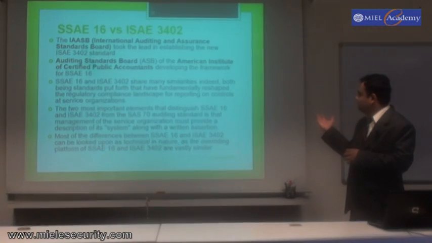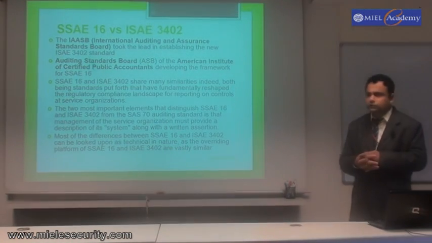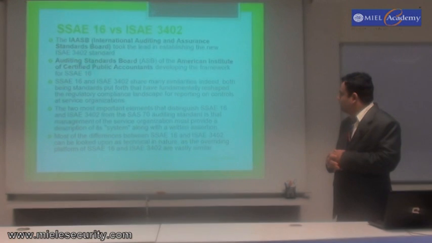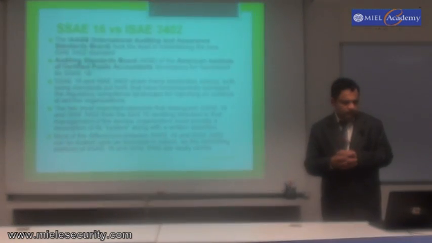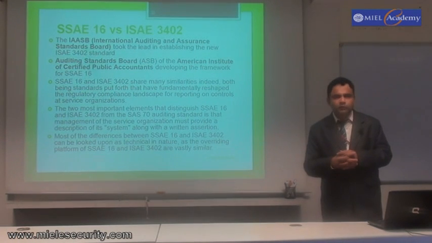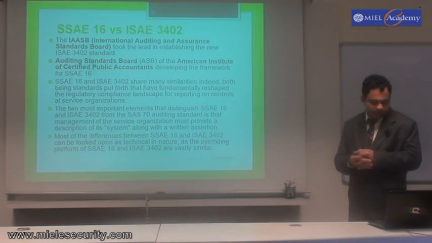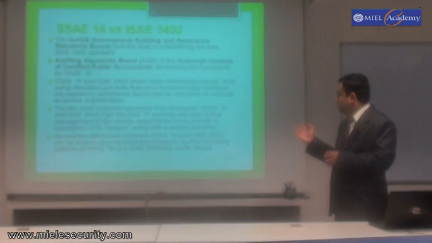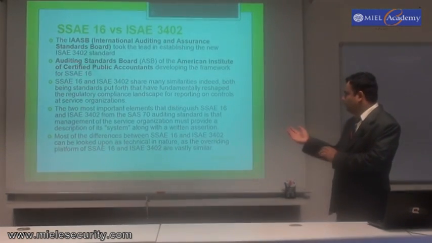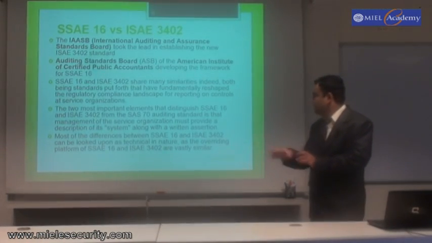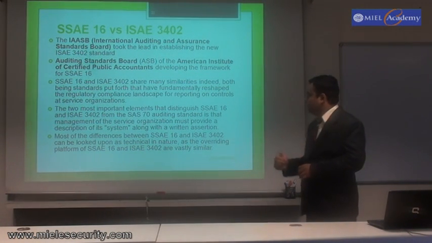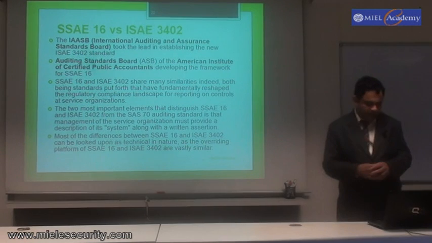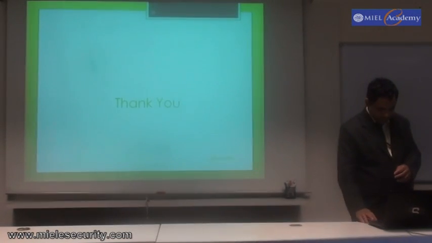Basically, it helps in auditing service organizations wherever these organizations have to comply for their financial controls. But what are the differences? The differences are mainly technical in nature. In most of the cases they are the same. They are similar. Okay, thank you.